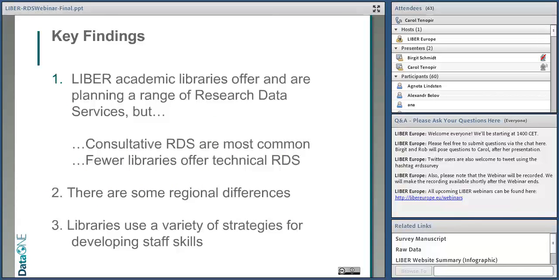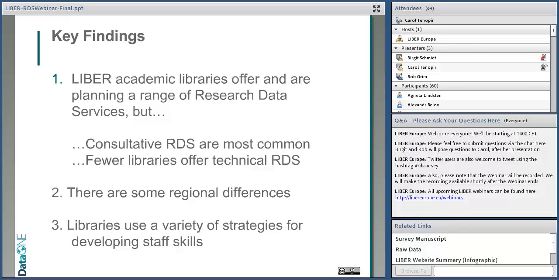I want to talk to you about some of the key findings today briefly, and let you know that the full report is available through LIBER, plus we also have a detailed look at the report that's going to be published in LIBER Quarterly very soon. I just finished the final edits on that, so you can look for it for details. But I wanted to highlight three things today.